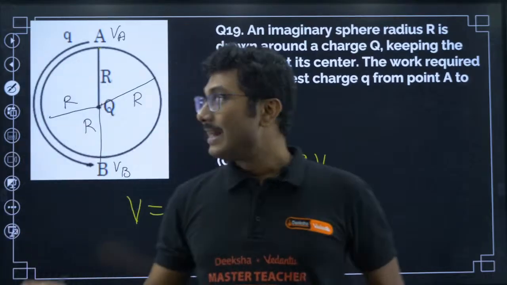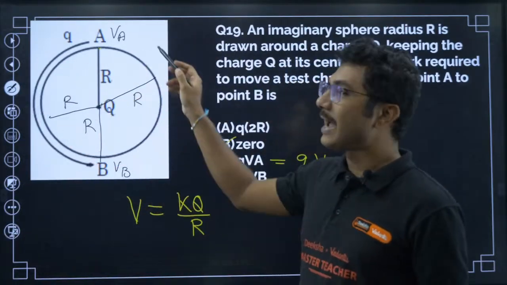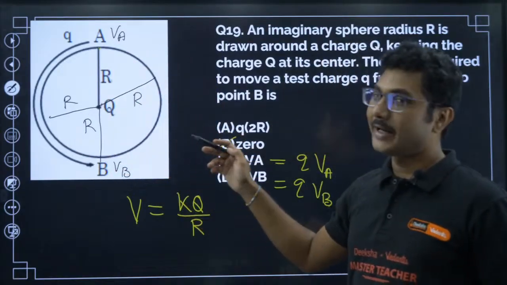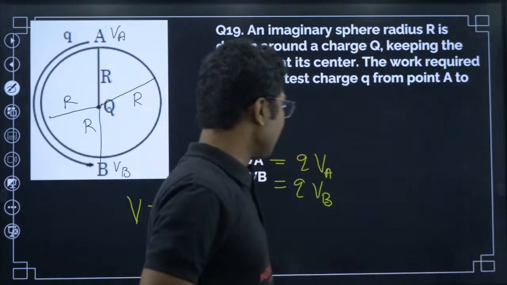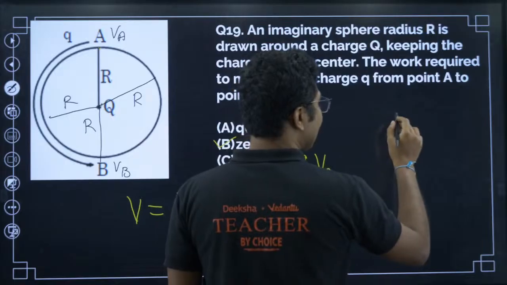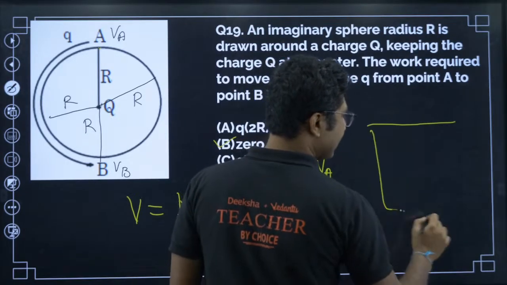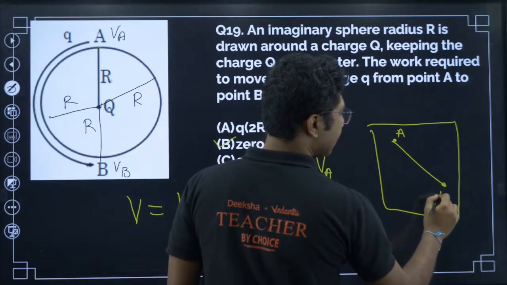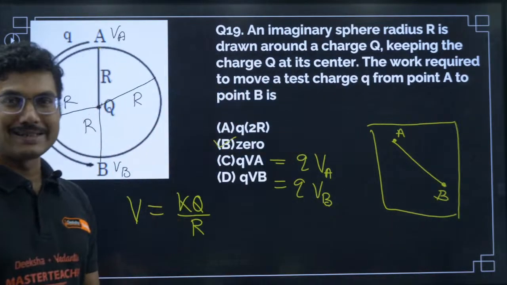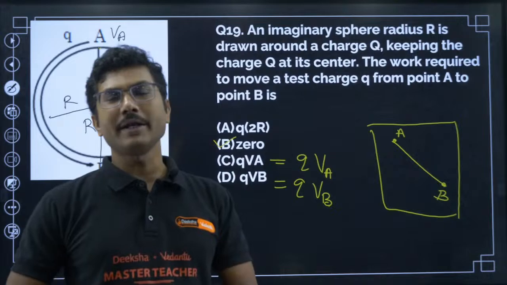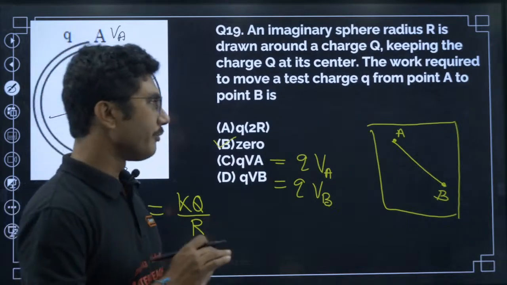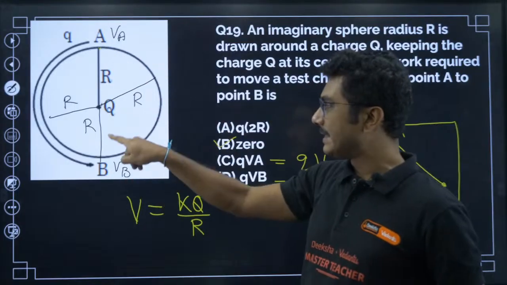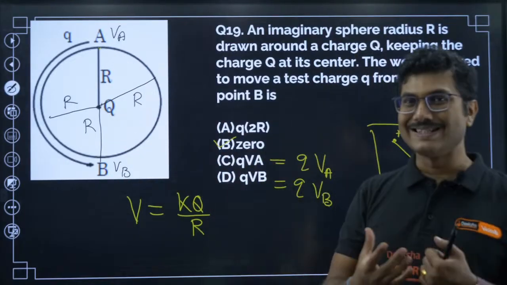So basically, this circle represents an equipotential surface. If you move a charge on an equipotential surface, because the potential is the same at each and every point, the work done will always be 0. The potential is the same, so the potential difference is 0.